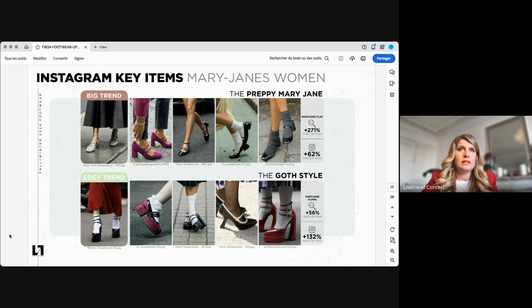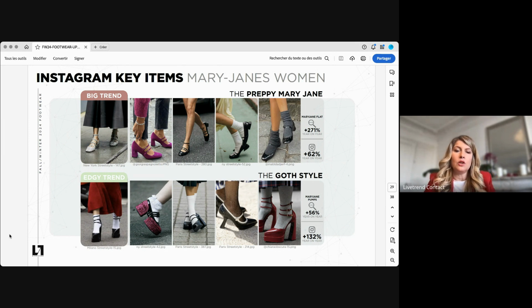There are several different styles, because it's quite classic but also very fashionable. So it's a very versatile product, and you can appreciate how the search for Mary Jane flats has increased by 271% compared to last year. So it's really a hot product still.